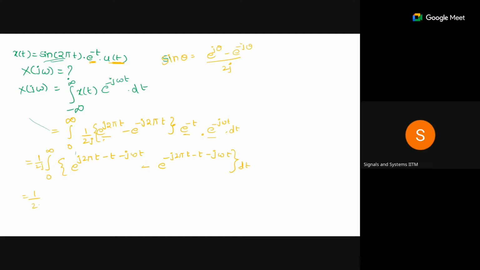So 1 by 2j integral from 0 to infinity, taking minus t as common, it will be e power minus t times 1 minus j 2 pi plus j omega, minus e power minus t times 1 plus j 2 pi plus j omega.